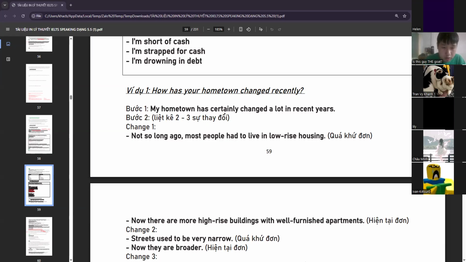The public parks were quite scarce, but now there are more green spaces and walking paths for the residents. Public transport used to be quite limited and inconvenient, but now there are modern bus networks and well-connected bridges that make commuting much easier.